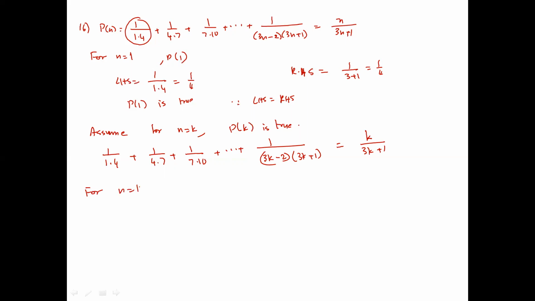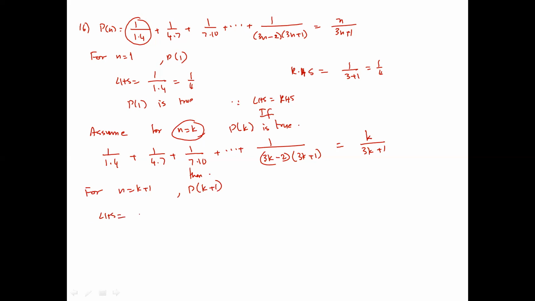Now for n equal to k plus 1, the next number after k, we will prove P of k plus 1 is true. That means we are showing that if P of k is true, using this, we can prove that P of k plus 1 is true.